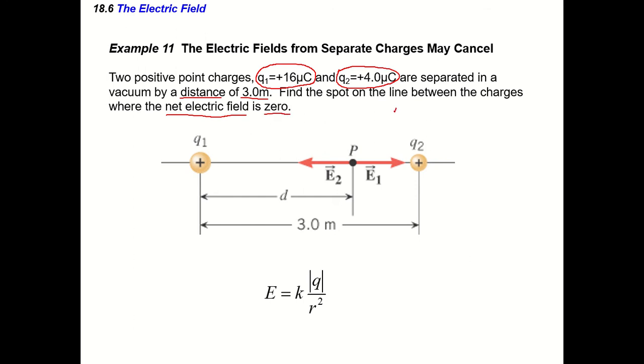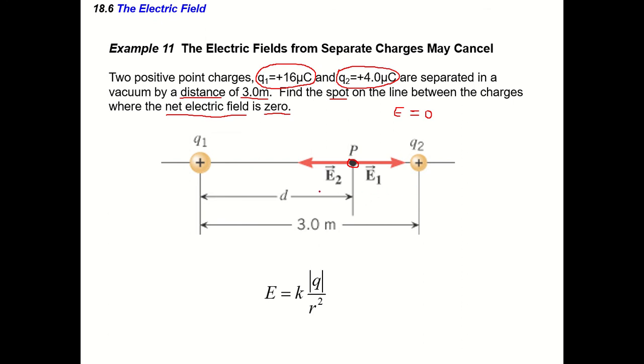So meaning E is equal to 0. And you are asked to find the spot. Where is the spot? Meaning distance. If, for example, you put the spot here at this point, point P. Because this is given, you can let this distance from Q1 be D, or you can put D here, no problem.